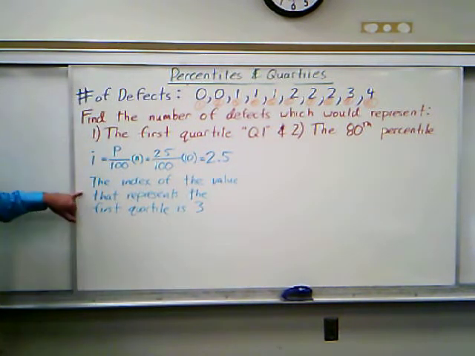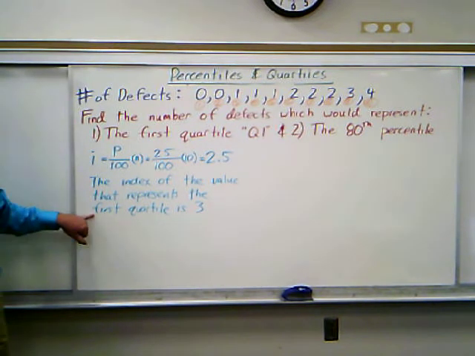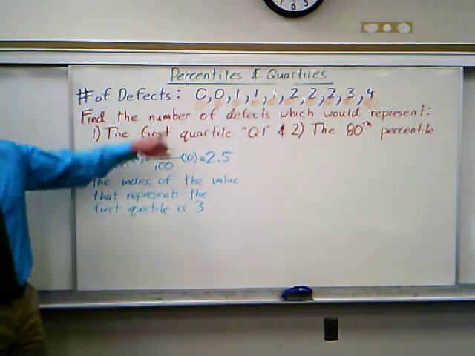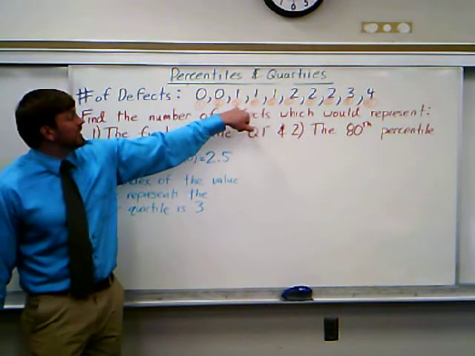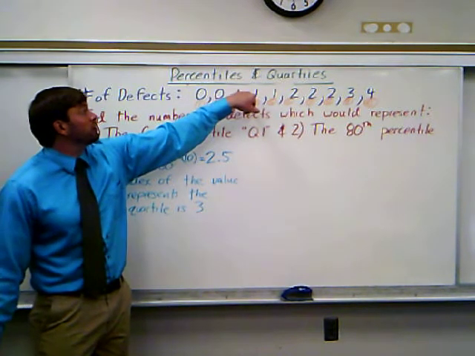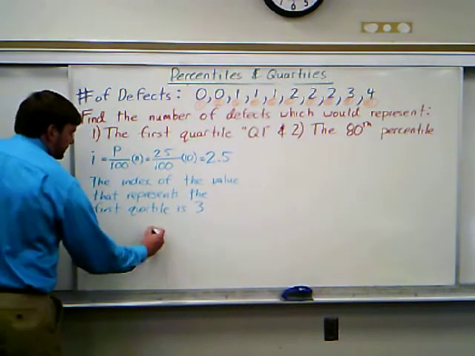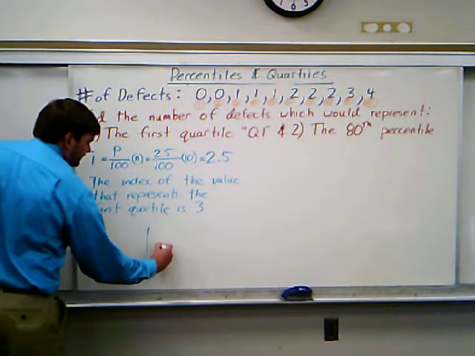So the index of the value that represents the first quartile, or the 25th percentile, is that rounded up, or 3. So now it's really easy. All we do is look at index 3, and the value associated with that is 1 defect. So the answer is just 1 defect.